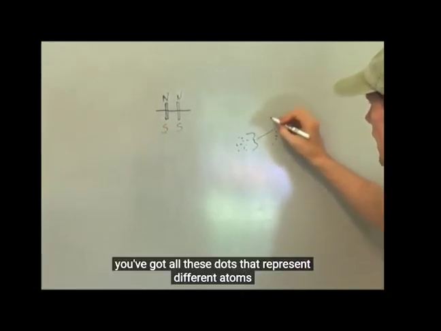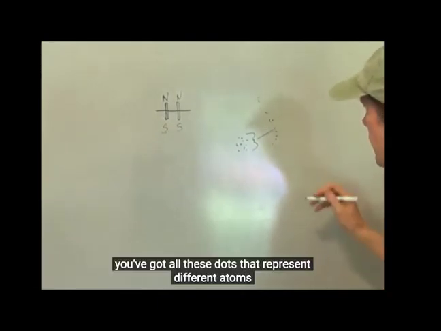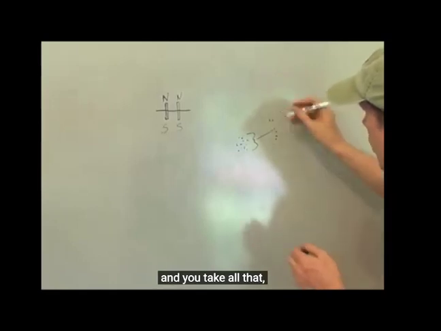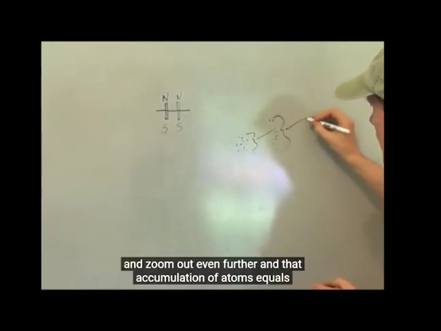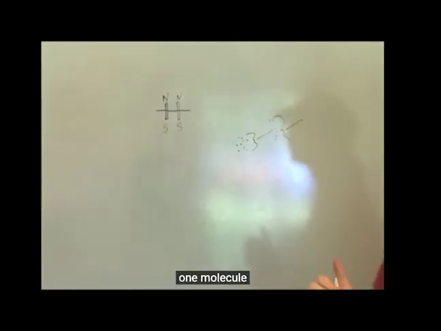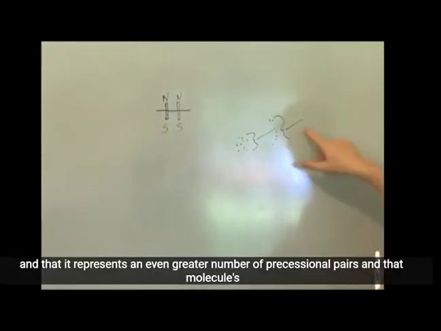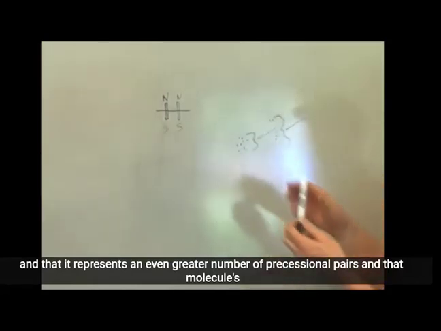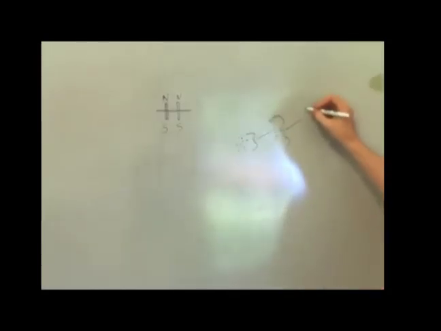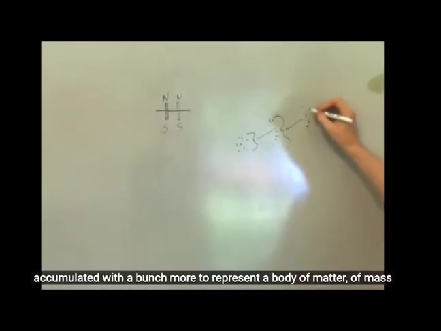You've got all these dots that represent different atoms, and you take all that, you zoom out even further, and that accumulation of atoms equals one molecule, and that represents an even greater number of precessional pairs, and that molecule is accumulated with a bunch more to represent a body of matter, of mass.